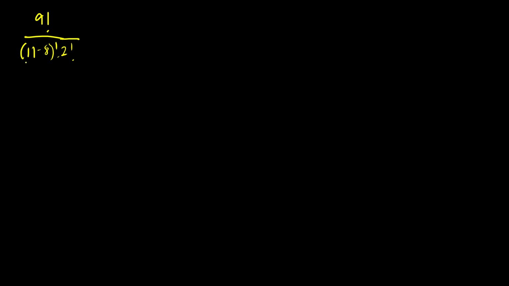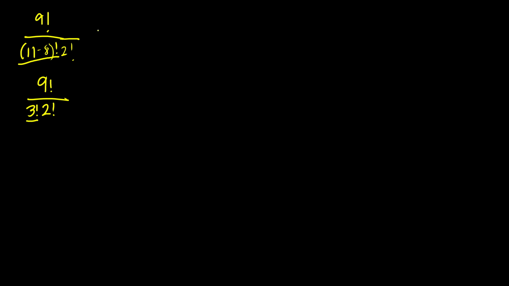Meron dito yung pwedeng i-simplify, 11 minus 8. So, magiging 9 factorial over 11 minus 8 is equal to 3. So, this will be 3 factorial times 2 factorial. Again, saan po nanggaling si 3 factorial? Dito po, 11 minus 8 is 3, then yung factorial.